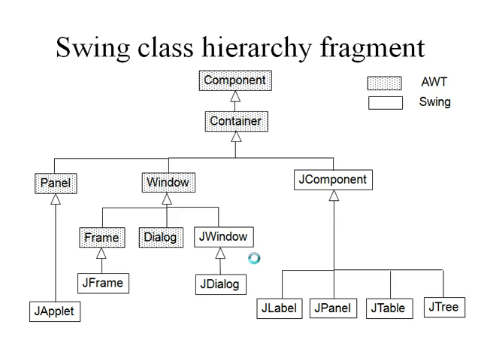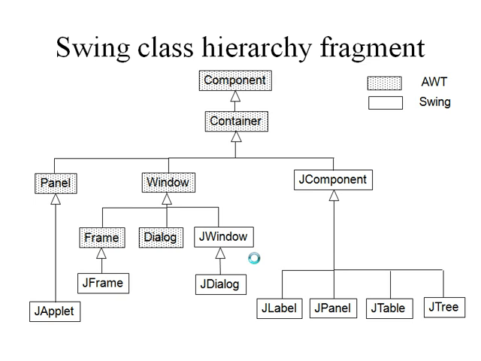So when we look at the swing class hierarchy, we see a whole bunch of, I'll call it subclassing going on. And in that subclassing hierarchy, we can expect all of the methods in the superclass to be inherited by the child of the superclass.